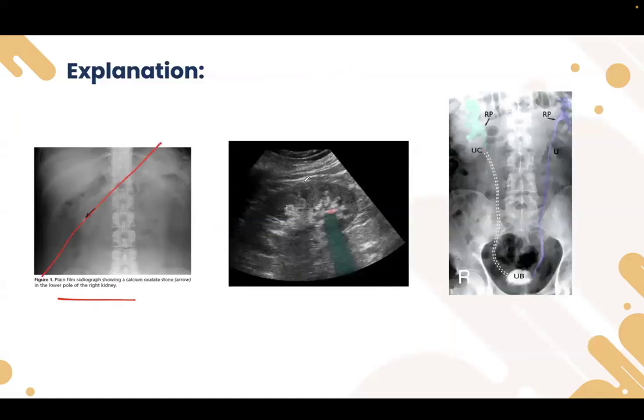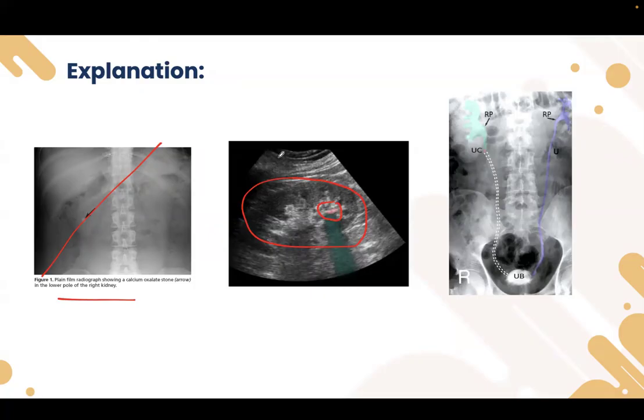Here is an ultrasound showing the kidney, and here we have a stone, highlighted in red. Ultrasound can be used in diagnosing kidney stones. However, it's used in certain conditions. For example, if we have a pregnant lady, she can't be exposed to that much X-ray from the CT, which is why we do an ultrasound for her.